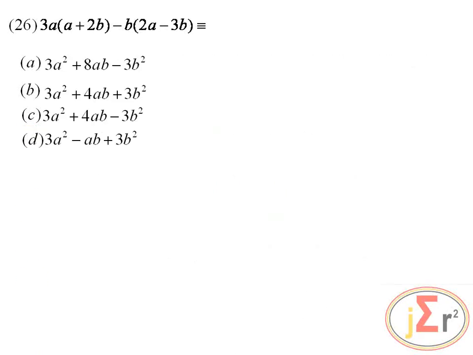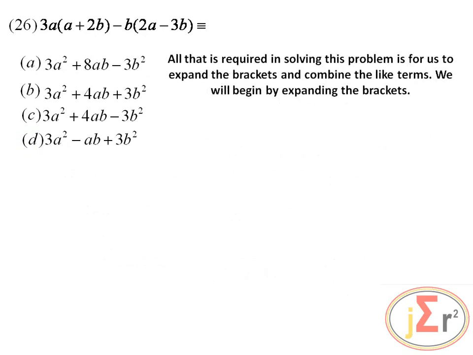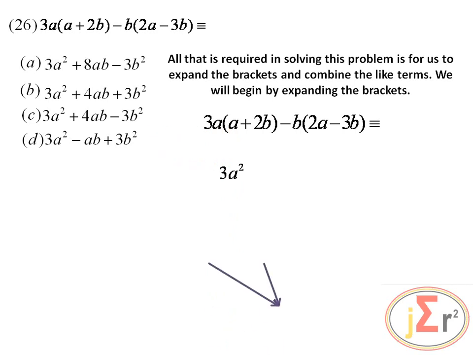Here's another one. All that is required in solving this problem is for us to expand the brackets and combine the like terms. We will begin by expanding the brackets. 3a multiplied by a, a times a is a squared, so 3a squared. 3a times 2b, 3 times 2 is 6, a times b is ab, 6ab.